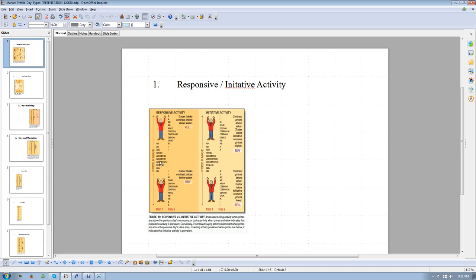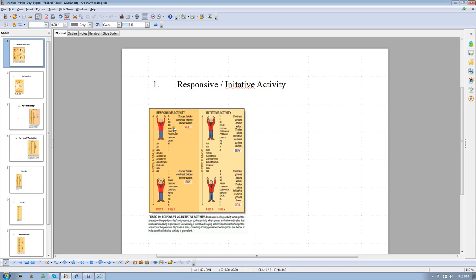of responsive activity. And you can see here, this little graphic right here represents the prior day. And then this graphic would represent responsive activity on the next day. So you need to take note of the A period, the opening of this current day in relationship to the prior days.